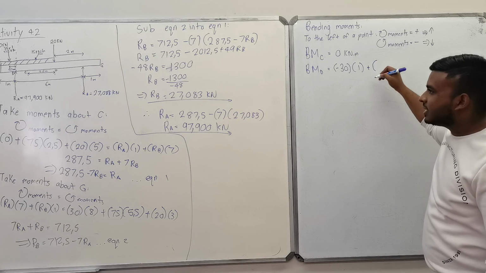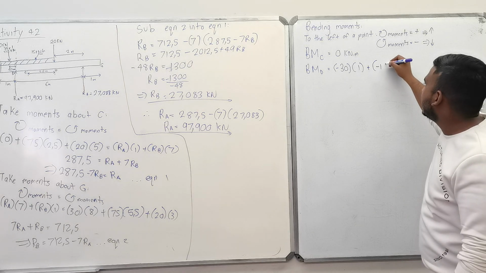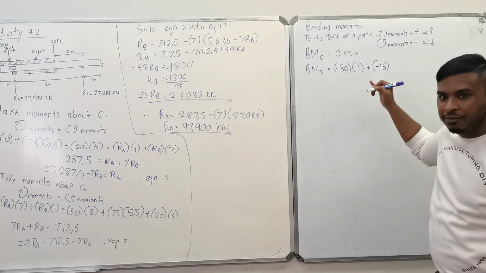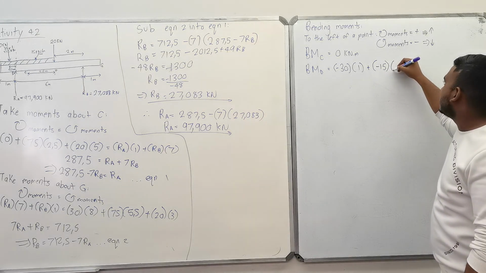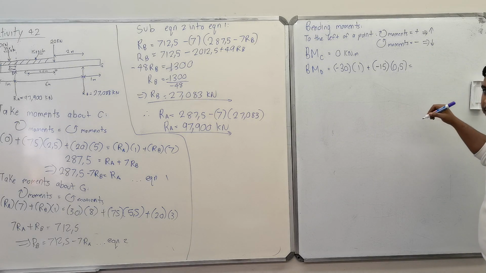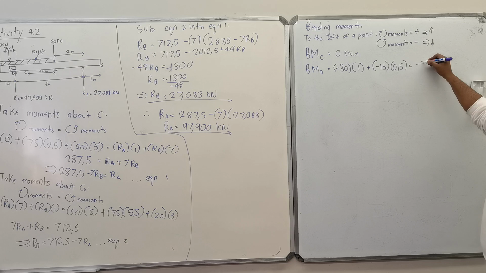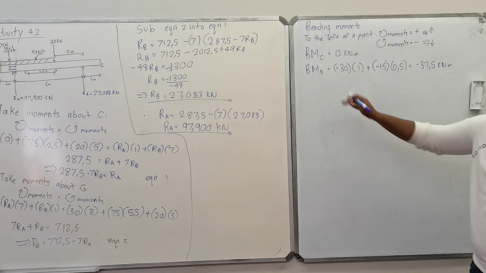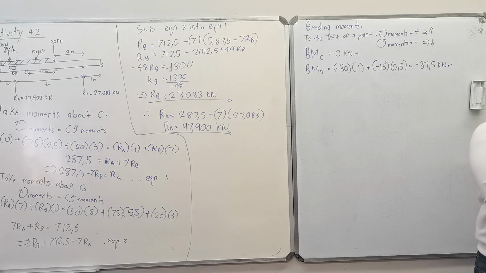Plus your next negative force, which is negative 15. And how far away is that from point D? 0.5. So this answer now becomes minus 37.5 kilonewtons per meter. Do you understand what I did? And then you are saying minus 15 now, where is minus 15?